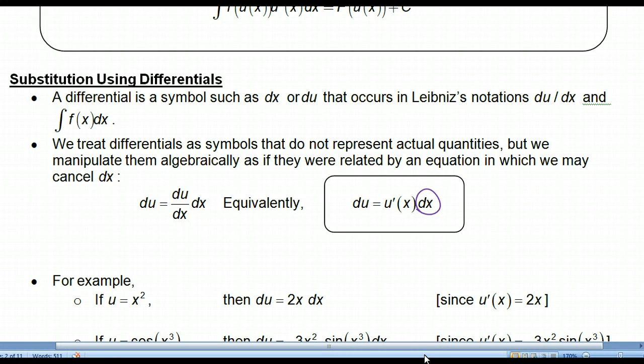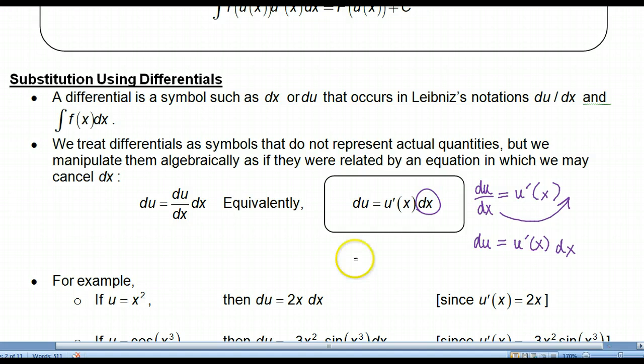So if we have du/dx equals u prime of x, we can just multiply both sides by dx. So it's du equals u prime of x dx. And that's what we have right here.